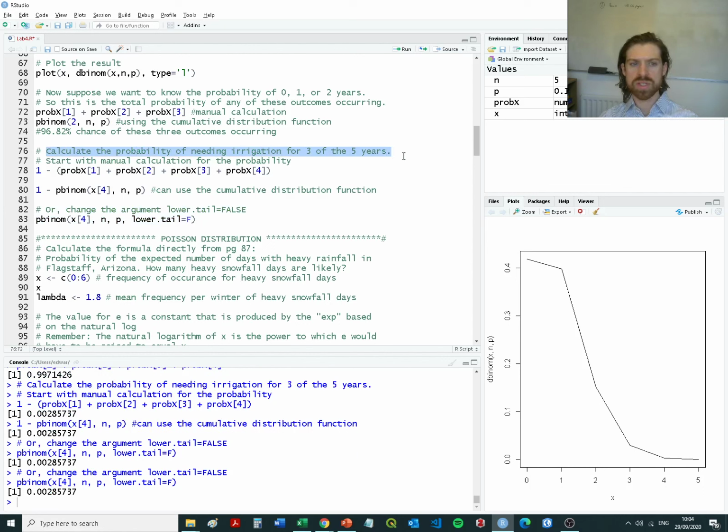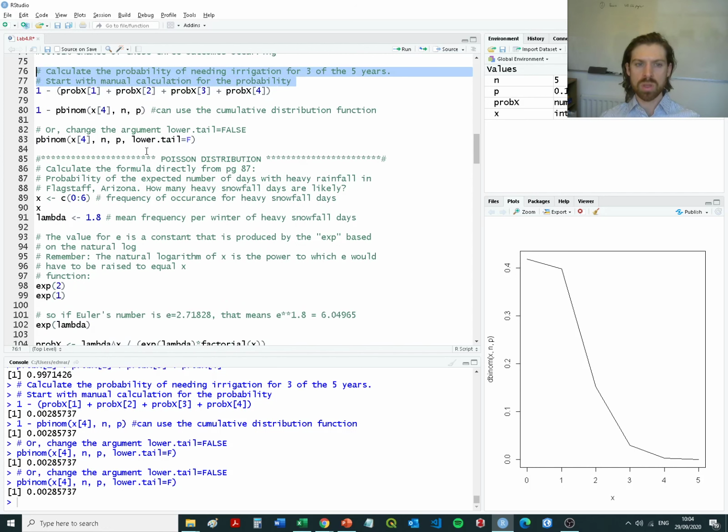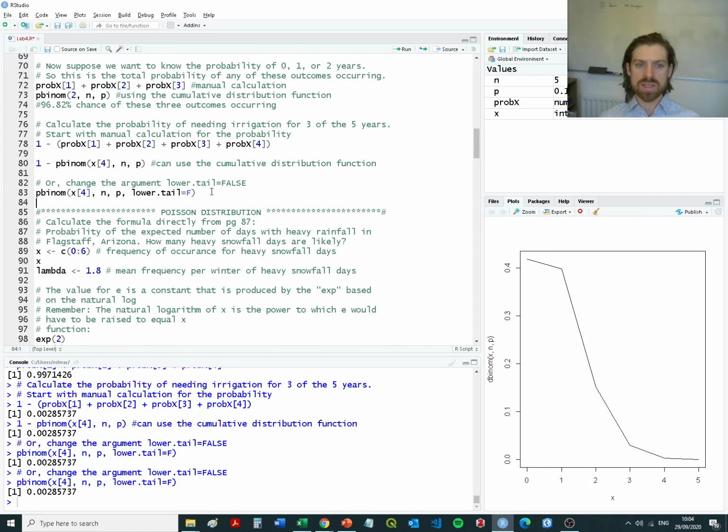So I'm just thinking through this. This probability is actually the probability of needing irrigation for 3, 4, yes, that's correct. It's for 3 of the 5 years, so that is correct. Right. Okay, so hopefully that's given you some insight into the various different ways that we're able to obtain a probability in that way.